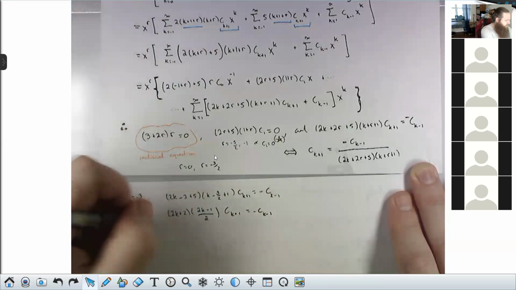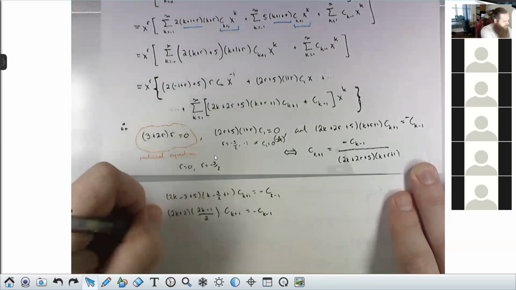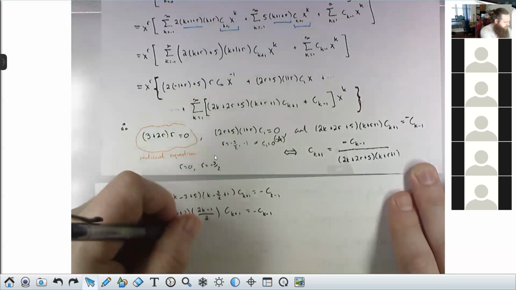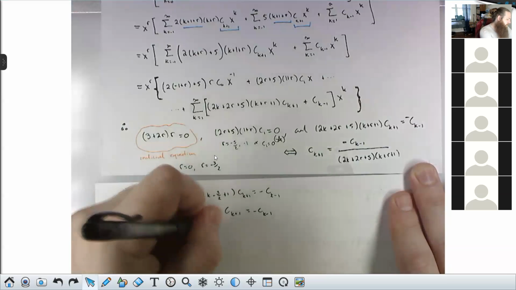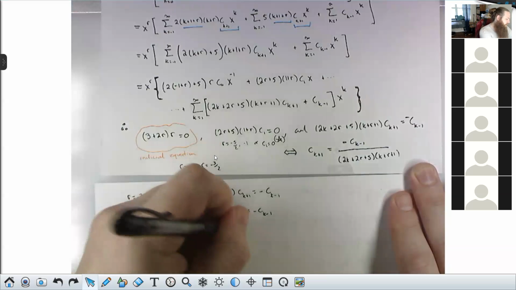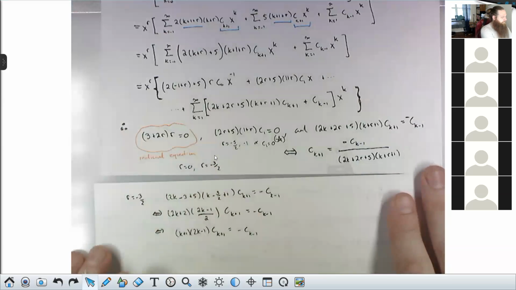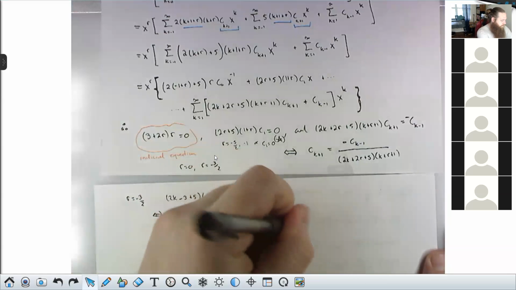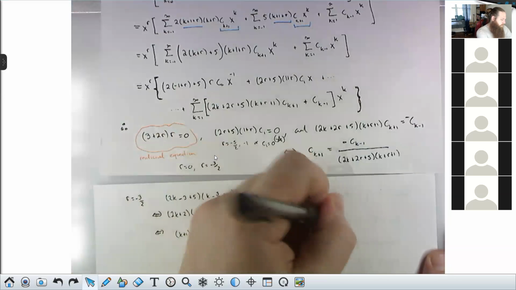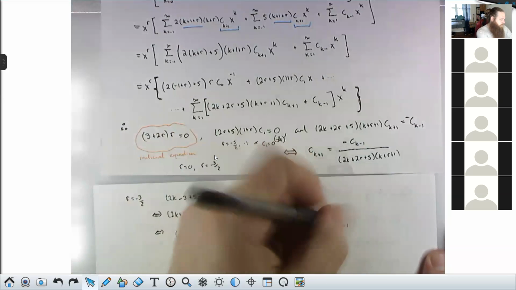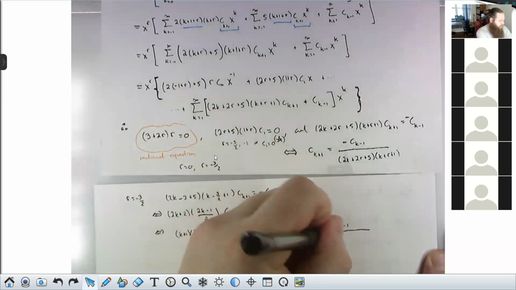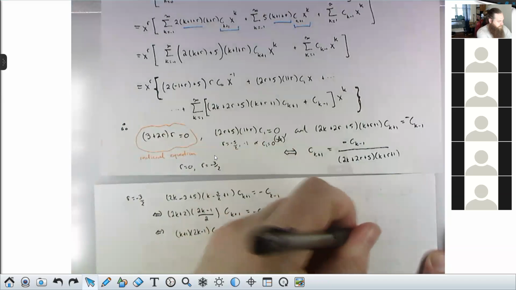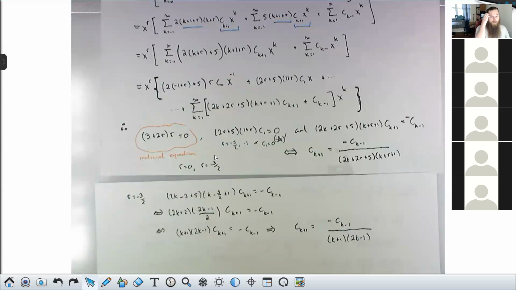So this is the same as k plus 1 times 2k minus 1 ck plus 1 equals negative ck minus 1. So finally, putting that into the useful form, ck plus 1 equals negative ck minus 1 divided by k plus 1 times 2k minus 1. We can start plugging in values for k.